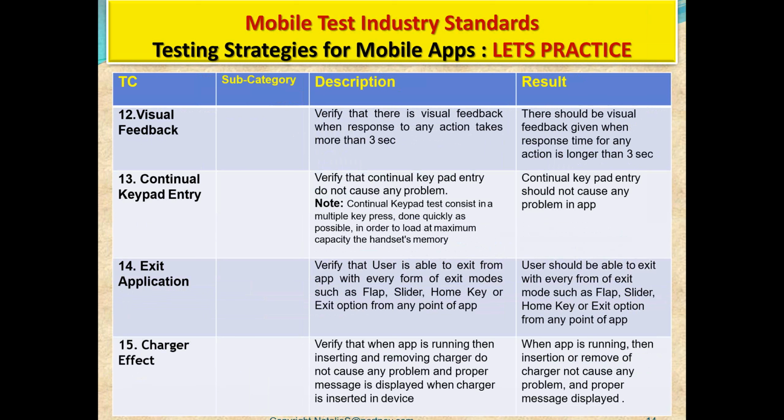Again, it's one of the very popular tests in any industry. It's when your app is running, you invoke the keyboard and start tapping and tapping just randomly on many letters, and see if your app can handle this.